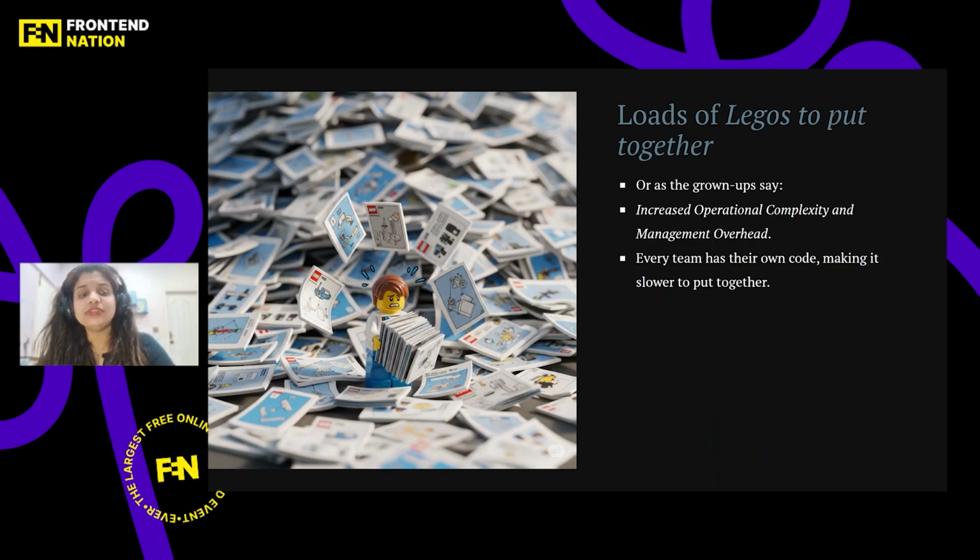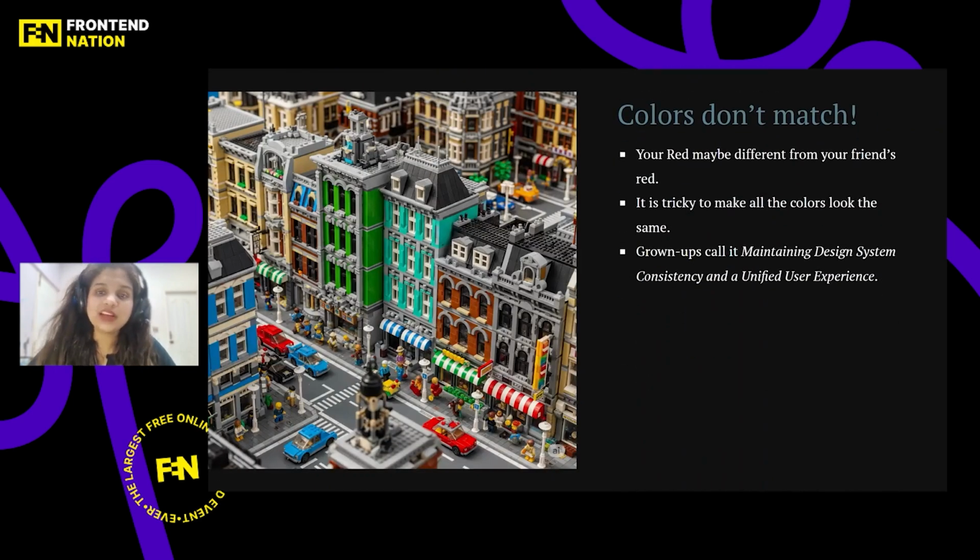And when you have lots of different drawings from different friends, sometimes the colors don't match. Your red might be different from your friend's red. It gets tricky to manage all the colors in the big picture and make them look the same. Similarly, in the grown up world, this challenge is known as maintaining design system consistency and a unified user experience.